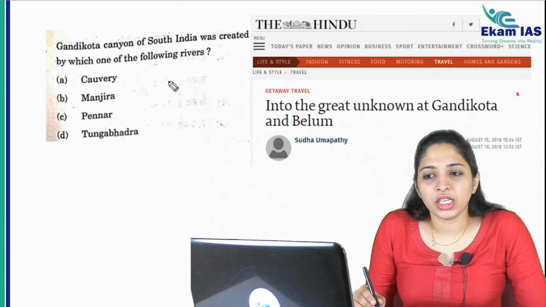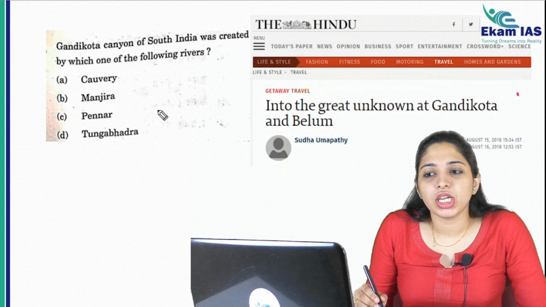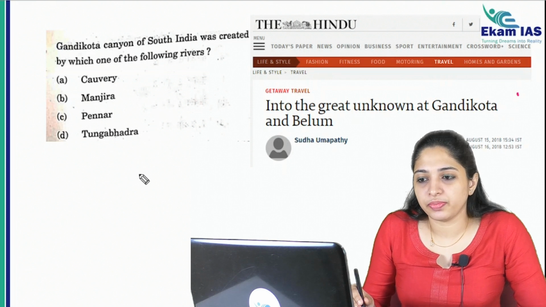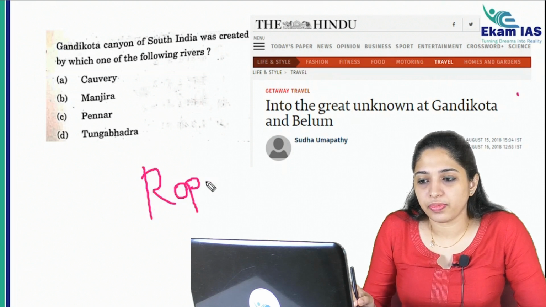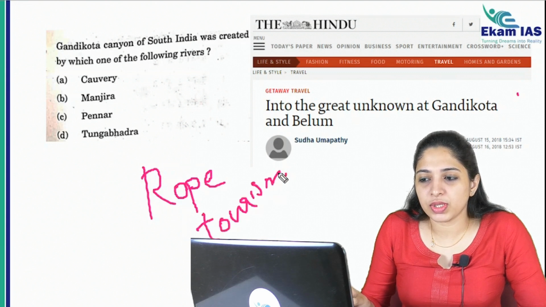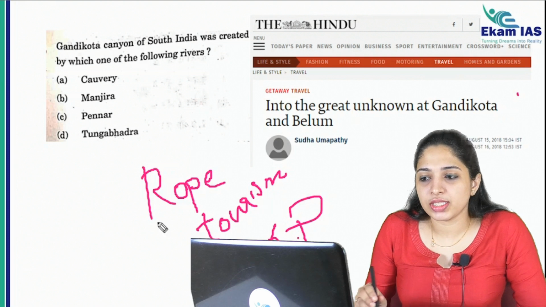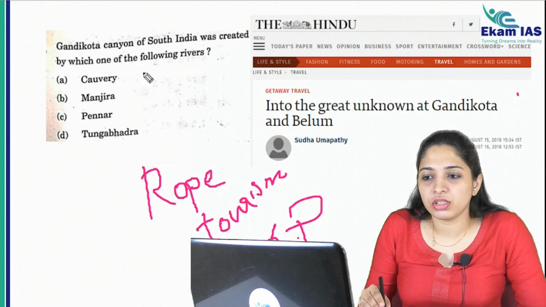Next question, Gandikota Canyon of South India was created by which one of the following rivers? This was in the news because to boost tourism, rope tourism was introduced there. And if we have read the newspaper, we know that it is in Andhra Pradesh. If we analyze the rivers, Kaveri River flows through Karnataka and Tamil Nadu.